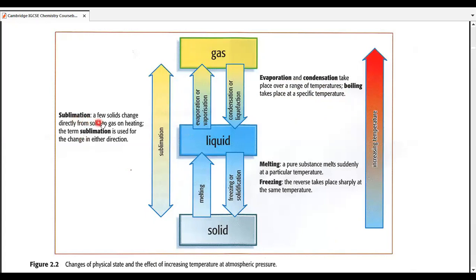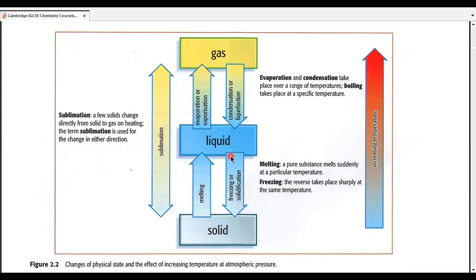Sublimation is when a few solids, not all solids, change directly from solid state to gaseous state on heating, and they bypass the liquid state. This term sublimation is used for direct change, and that can happen in either direction. A gas can directly be converted into a solid, or a solid can directly be converted into a gas. In this case, the liquid step is bypassed.